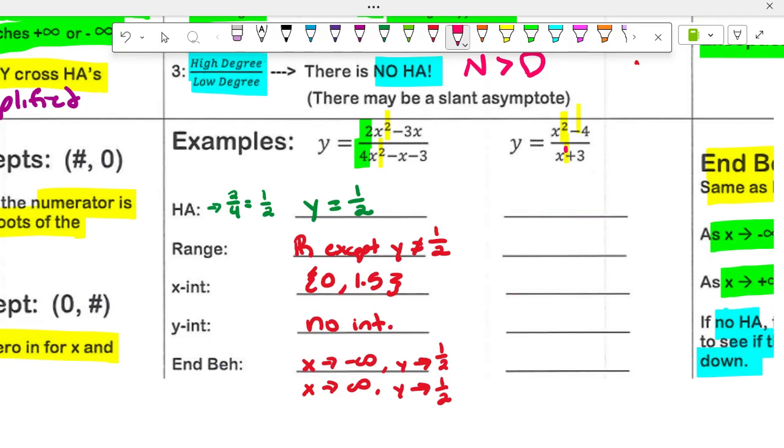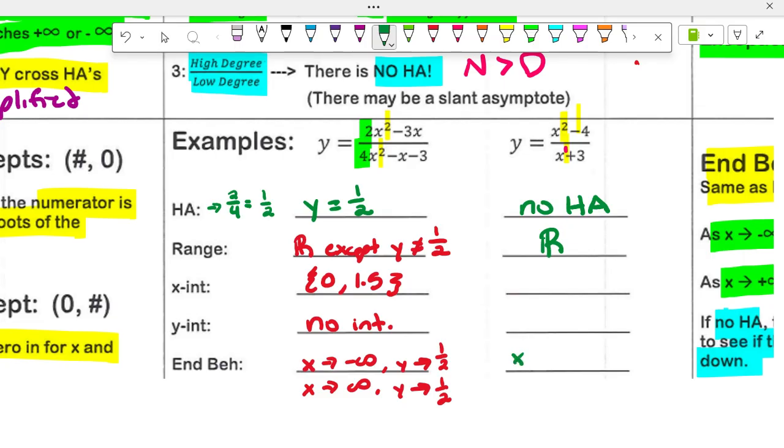Which one? The numerator. So, if the numerator is bigger than the denominator, what does it say? No horizontal asymptote. So if the numerator is bigger than the denominator, there's just no horizontal asymptote. Which means, as far as we know right now, our range is all real numbers because there's nothing to exclude.